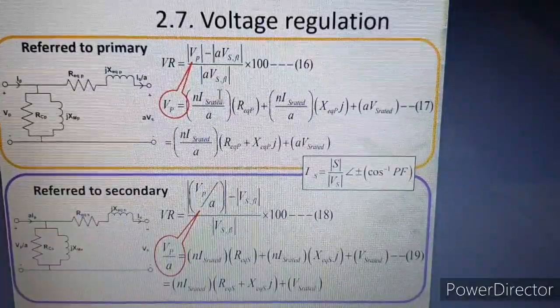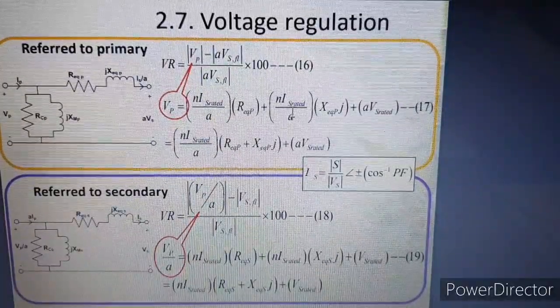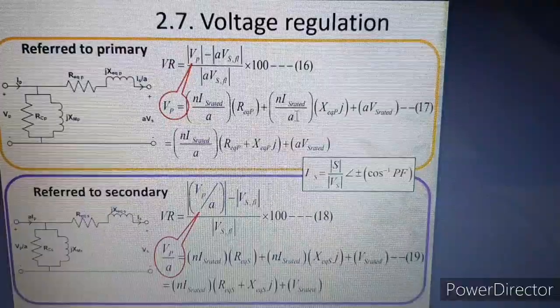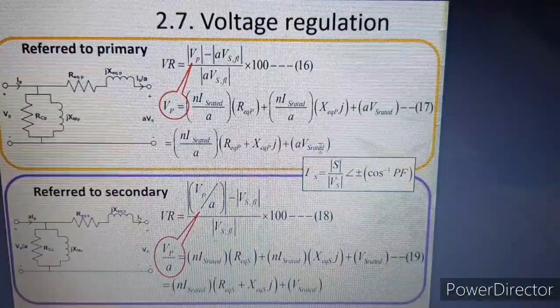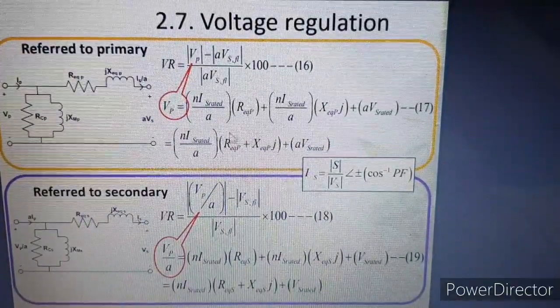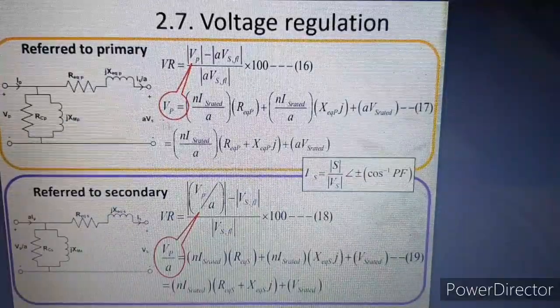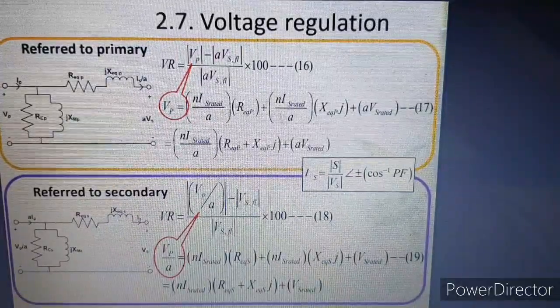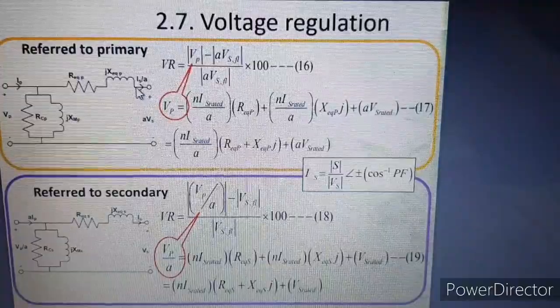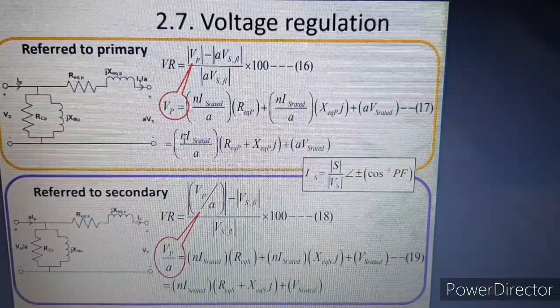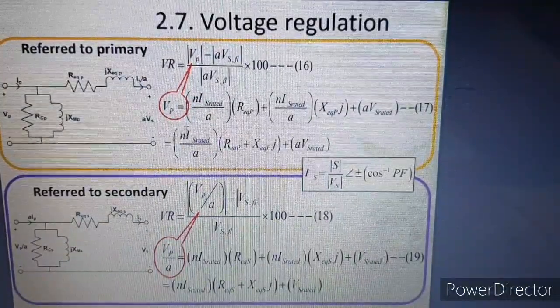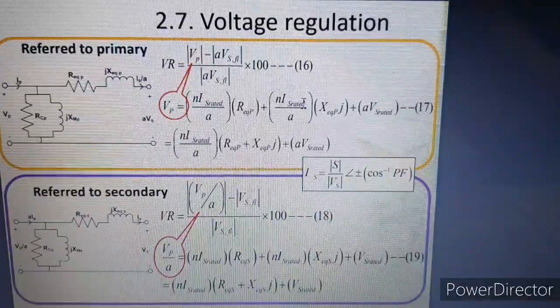So that is Is rated, and the Vs used here is Vs rated. But notice that in this KVL equation, there is the term N in front of the Is rated.